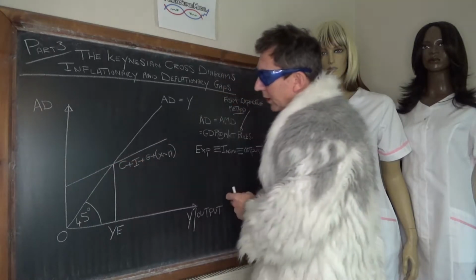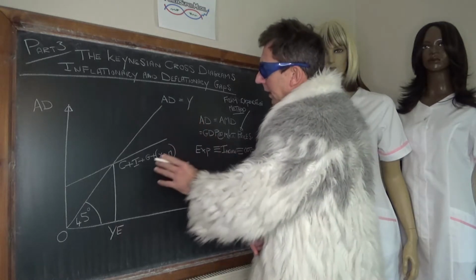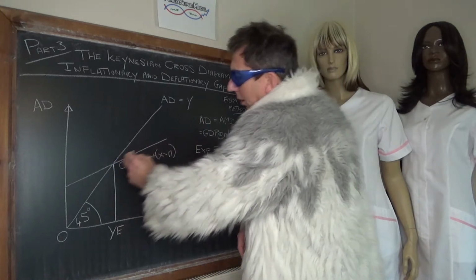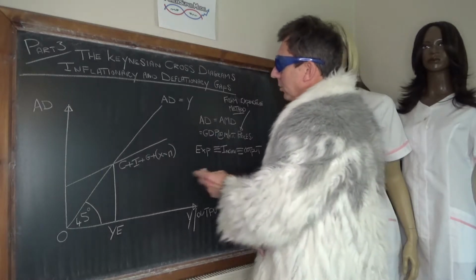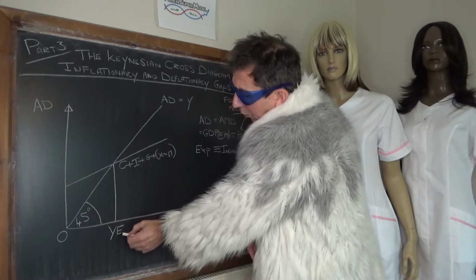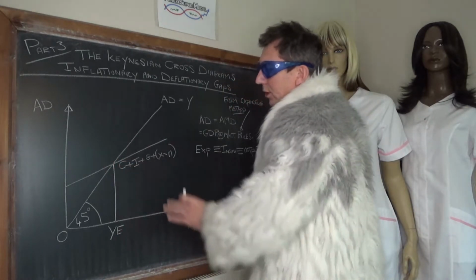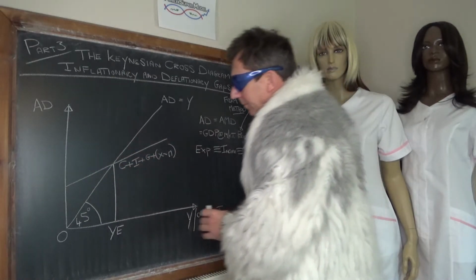And where they cross then is the point where aggregate demand in our particular economy equals income and output, and this is the point where we've got Y for income, E for equilibrium. So we've got an equilibrium situation here.